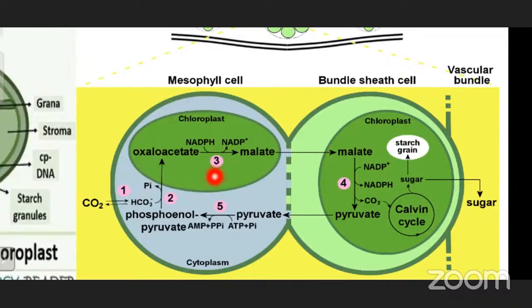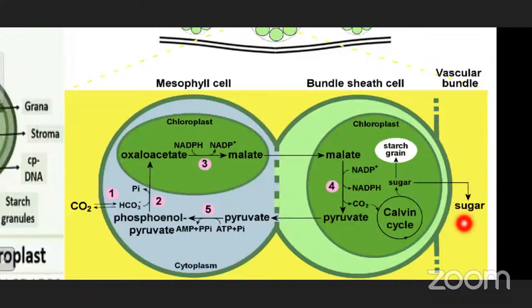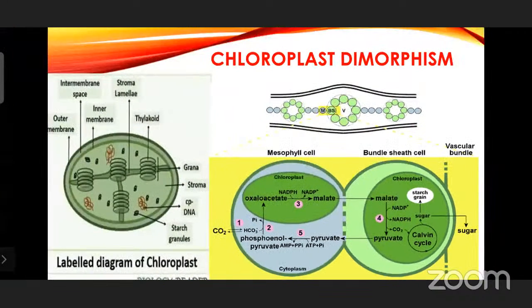Here the stroma will be present, and here there are no grana. No grana means no light reaction, only dark reaction will be taking place in the bundle sheath cells. Bundle sheath cells are present surrounding the vascular bundles. So this is what is called chloroplast dimorphism.